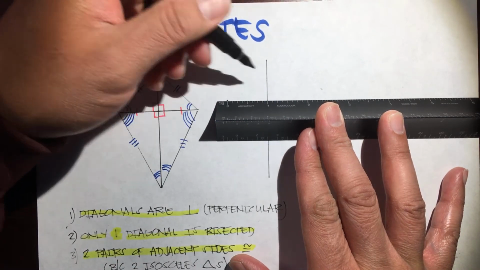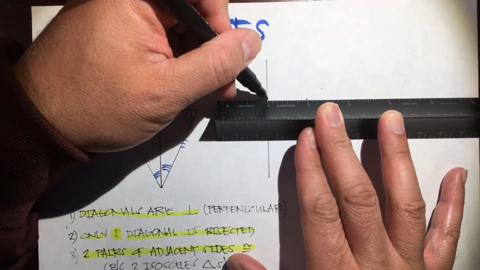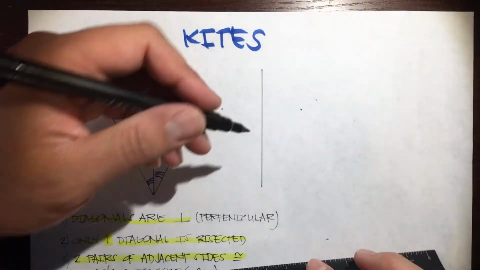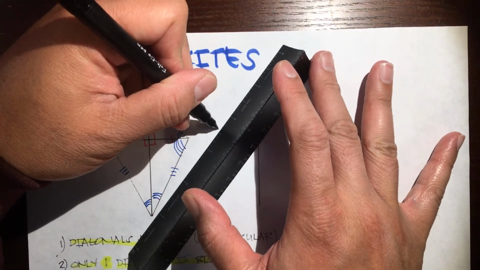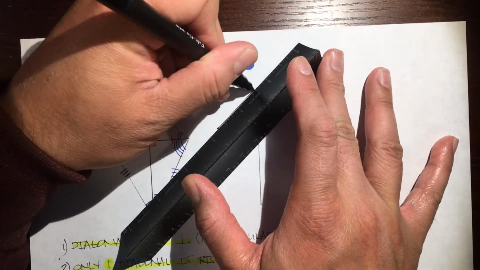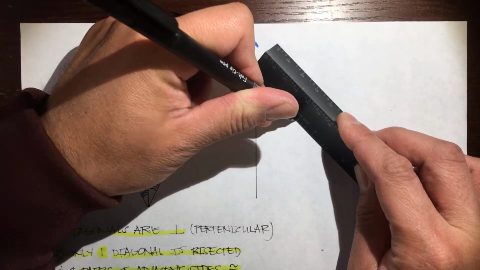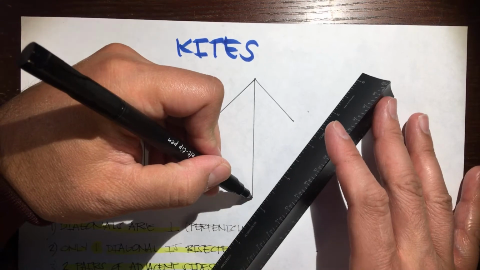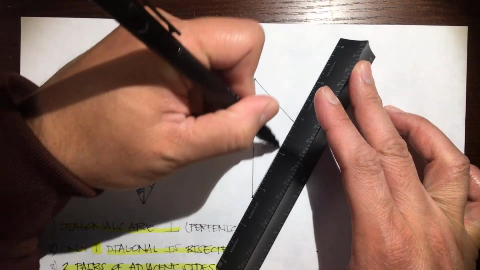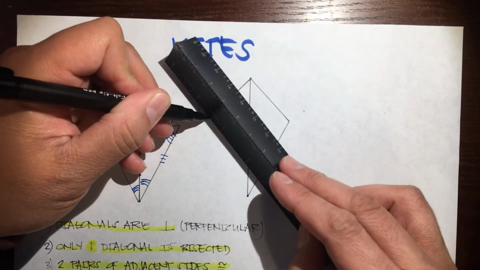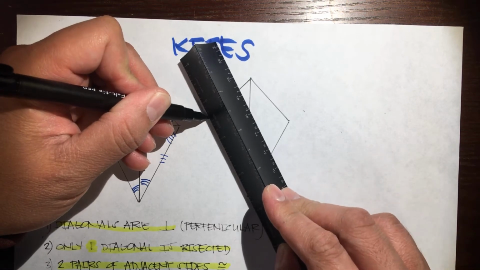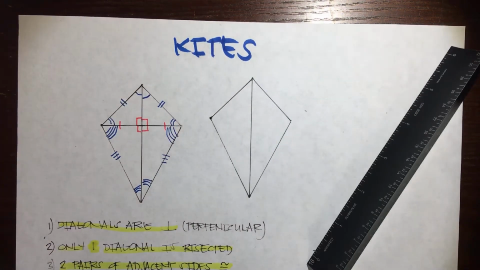So go 1 inch there, 1 inch there. That's the midpoint right there. And we're just going to draw this part right here. Now, obviously, if you were to try to fly this kite without that horizontal diagonal, it'll fall apart. It'll just fold in half. But one thing I want to show you is this.